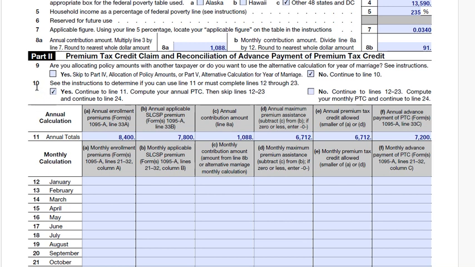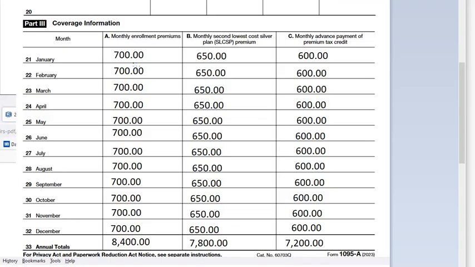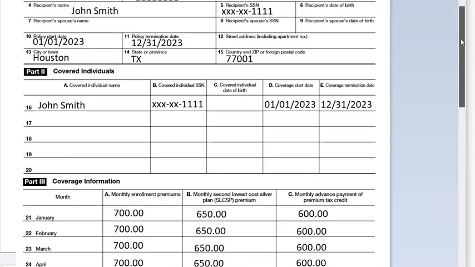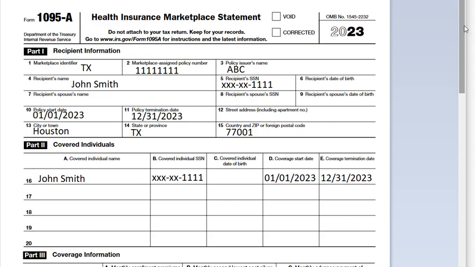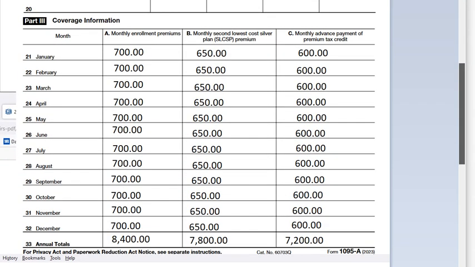And then line 10, to answer yes or no, what we need to do is go back to Form 1095-A and look at columns A and B. So here's Form 1095-A, and this is part 3.